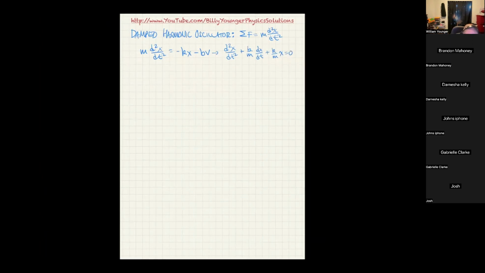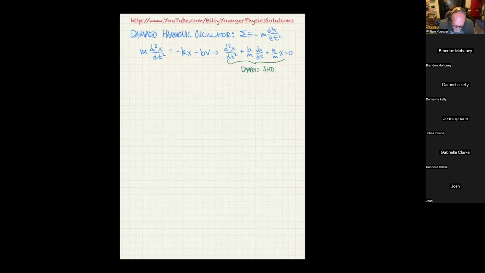That's the equation for damped simple harmonic oscillations. It's sort of a misnomer to say damped simple, but you get the point.